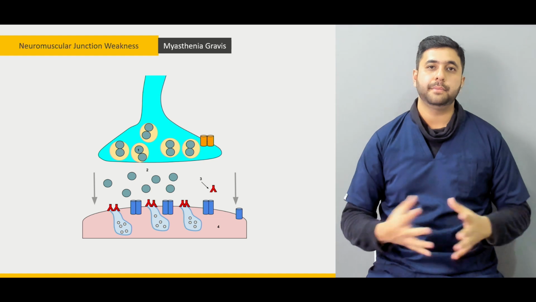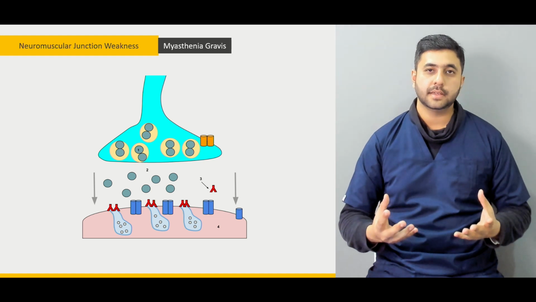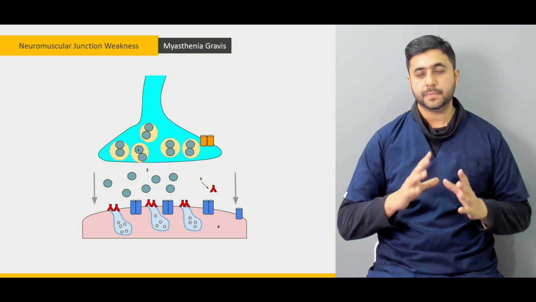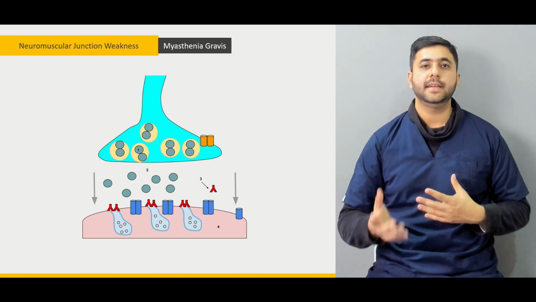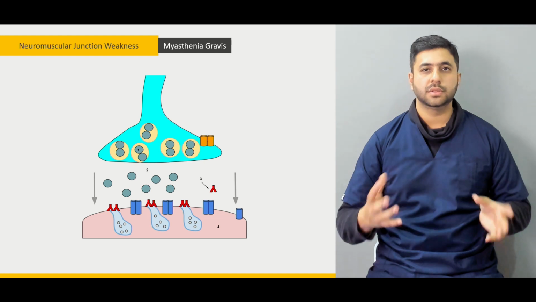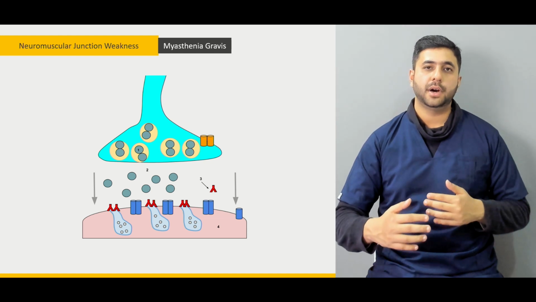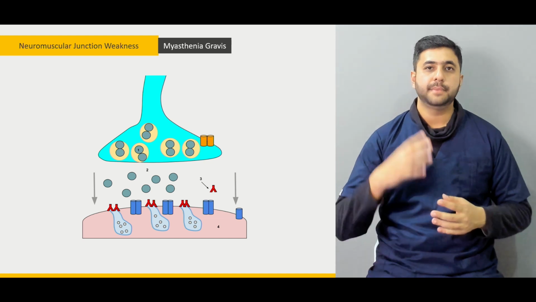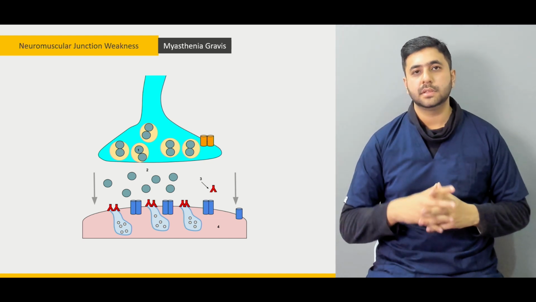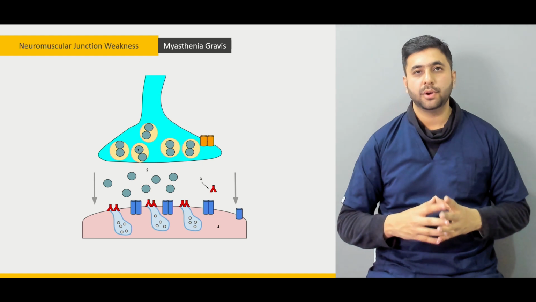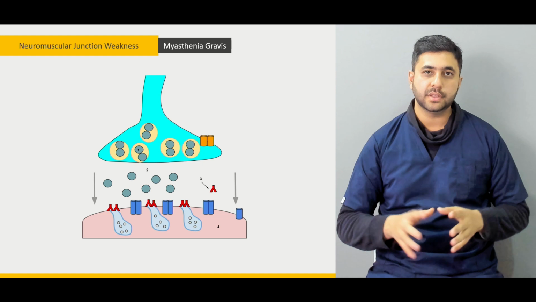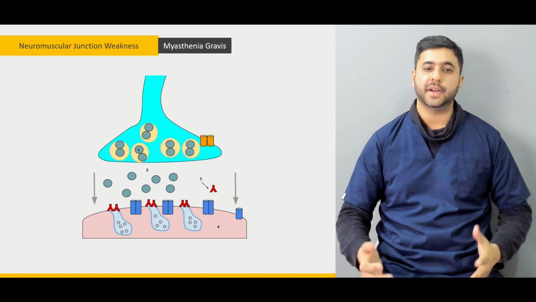So the classical representation of myasthenia gravis is a person who is fine in the morning, and as the day progresses and he uses all his muscles, then at the latter part of the day or during the evening, he feels a lot of weakness or fatigue, especially at the level of the ocular muscles. He has difficulty in the swallowing process. He has difficulty in performing fine activities with the help of his hands. So the distal muscles are the ones which are majorly affected.